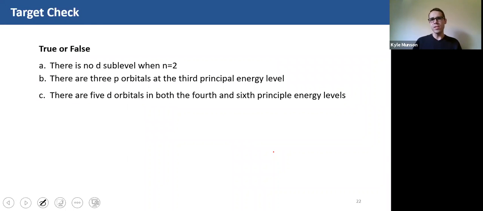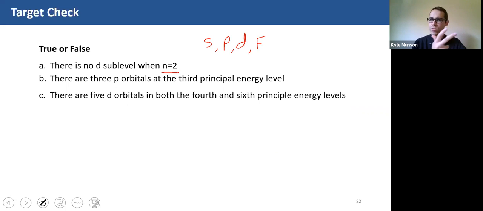We're going to answer each of these true or false. A: there is no D sublevel when n is equal to 2. If you write this out, we have S, P, D, and F. And remember, the number of sublevels we can have corresponds to the principal quantum number.